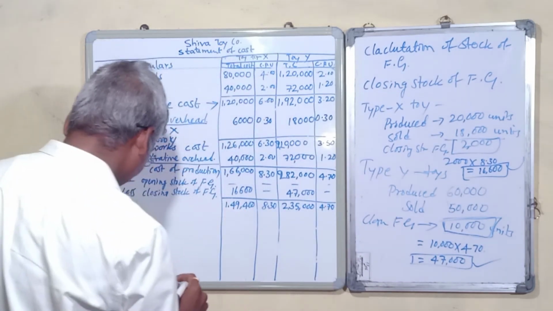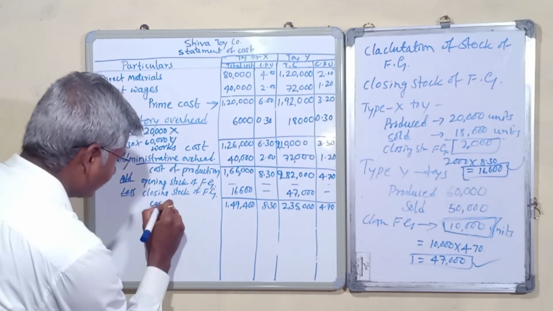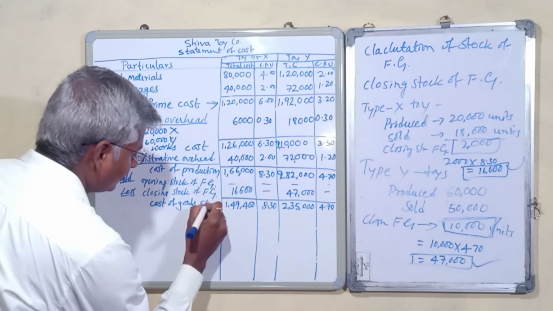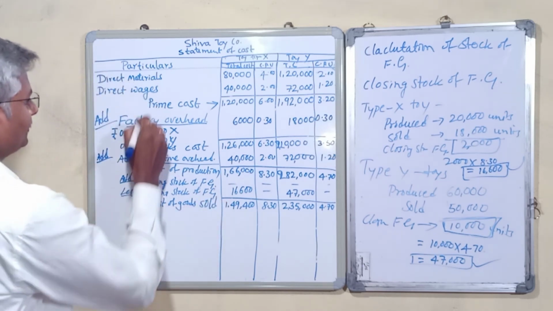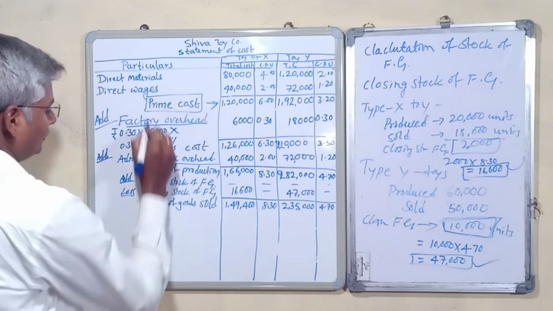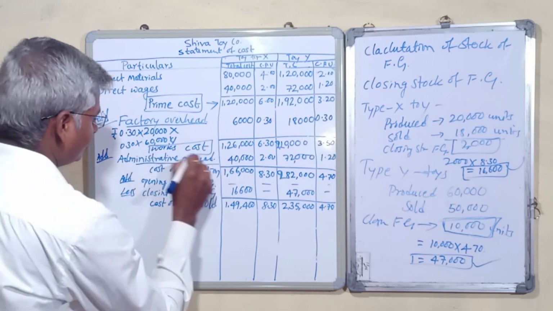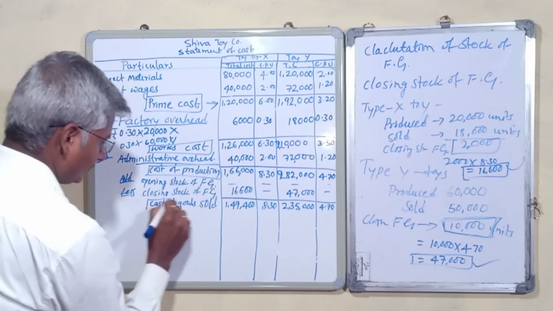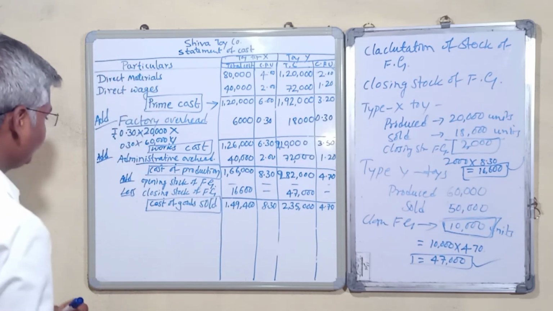This we call cost of goods sold. So this is the prime cost, this is the works cost, this is the cost of production, and this is the cost of goods sold.